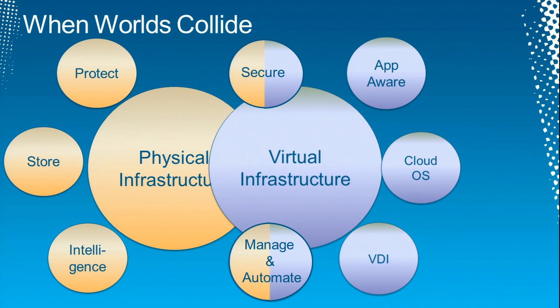You still need to secure it. You're definitely going to try to manage and automate it, but there are also other components as well. Things like being application aware, Cloud OS, right? Totally new concepts. Things like Azure and other cloud operating systems that are out there, cloud technologies, and VDI, virtual desktops.